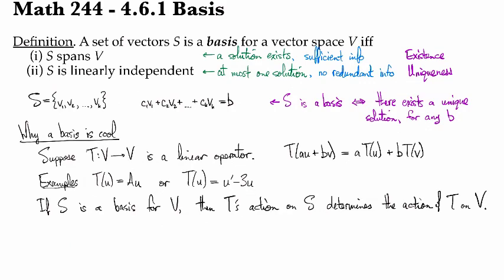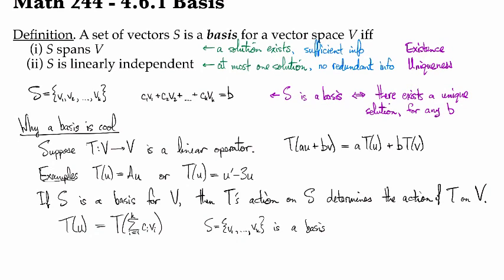The reason why is, let's see. If I want to do T of u and see what T does to u, then I can write u in terms of the basis. It's going to look like some sum of c_i v_i, since this is a basis.